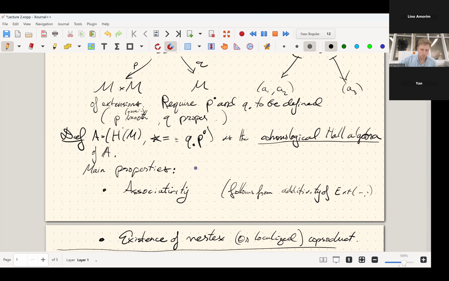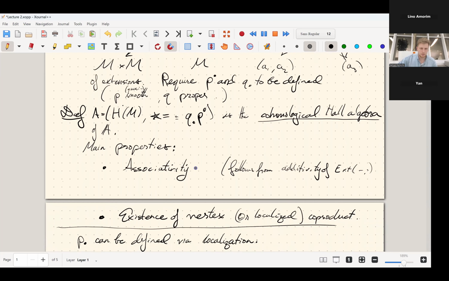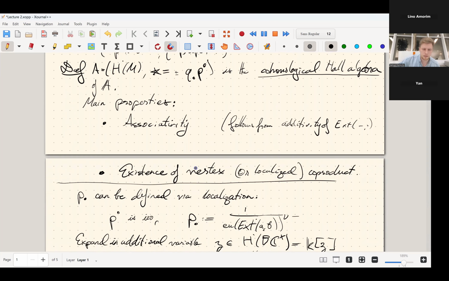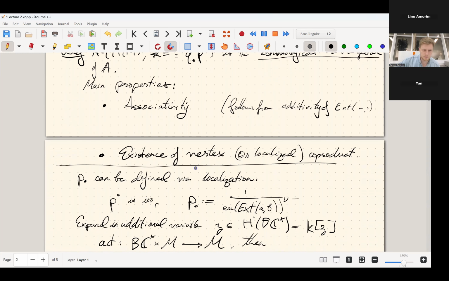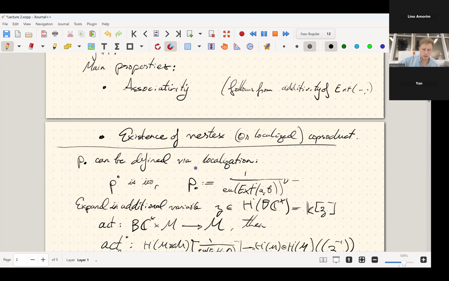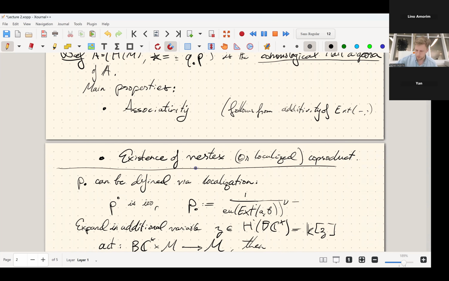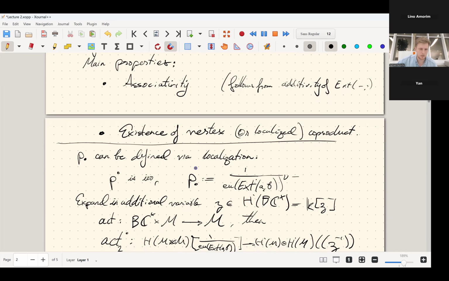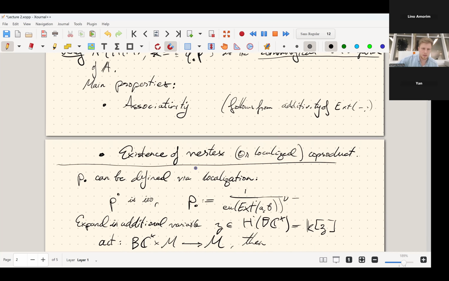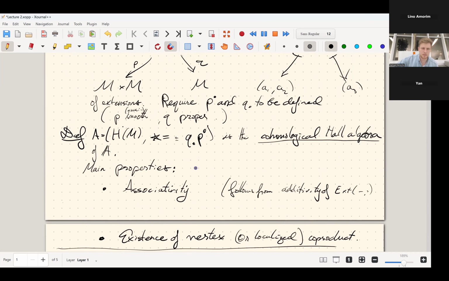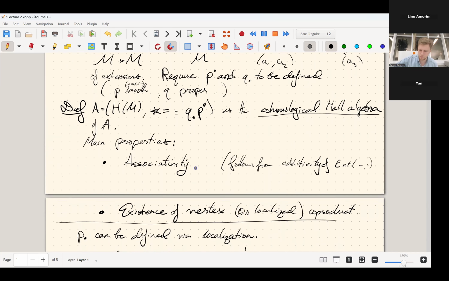So what are its main properties? It's an associative algebra, and the structure that we're going to focus on the most is the existence of a vertex or localized coproduct. As you mentioned, we want to define a coproduct on this same vector space by reading the diagram the wrong direction.